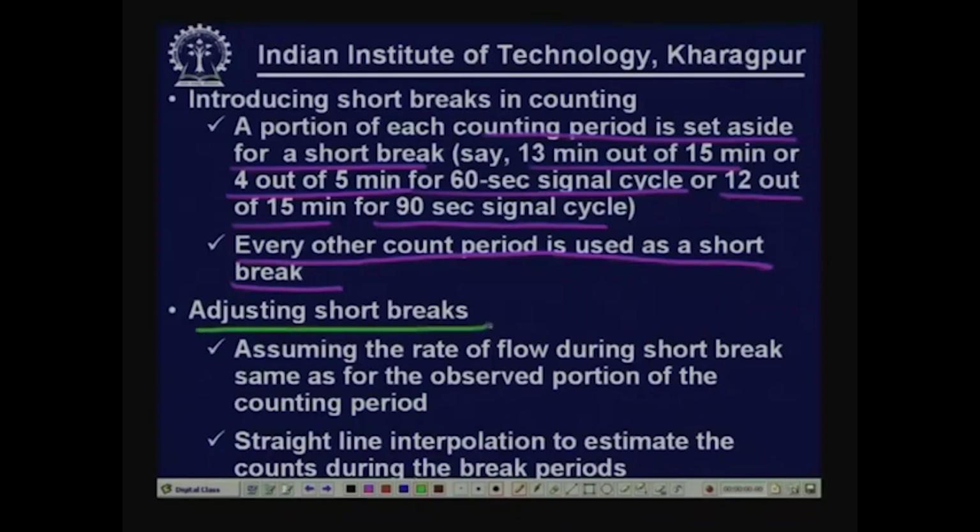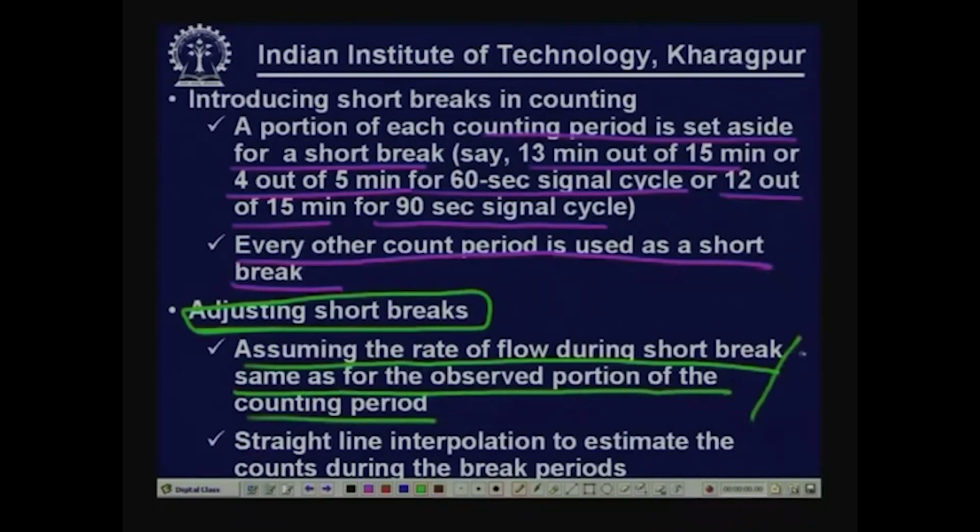Yes, now we have understood how we introduce short breaks, but then the question comes, how will we adjust for short breaks? Yes, there are simple ways one can adjust these breaks. If we are following the first method, like 13 minutes out of 15 minutes we are doing the counting, and we want to know the traffic volume for 15 minutes, what do we do? We assume the rate of flow during the short break is the same as for the observed portion of the count period.